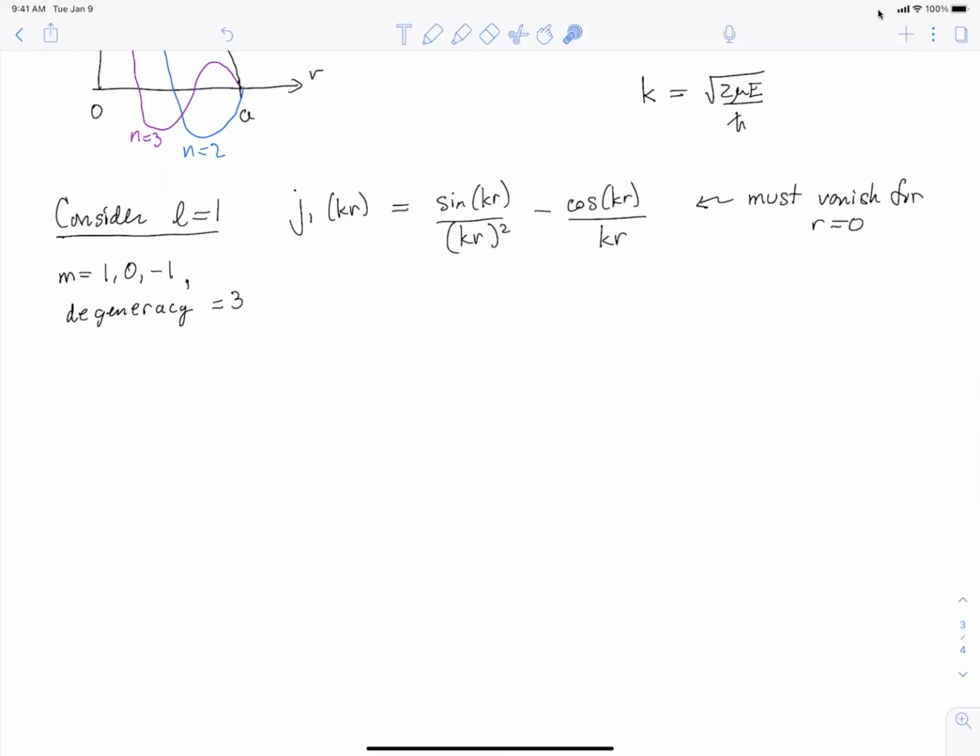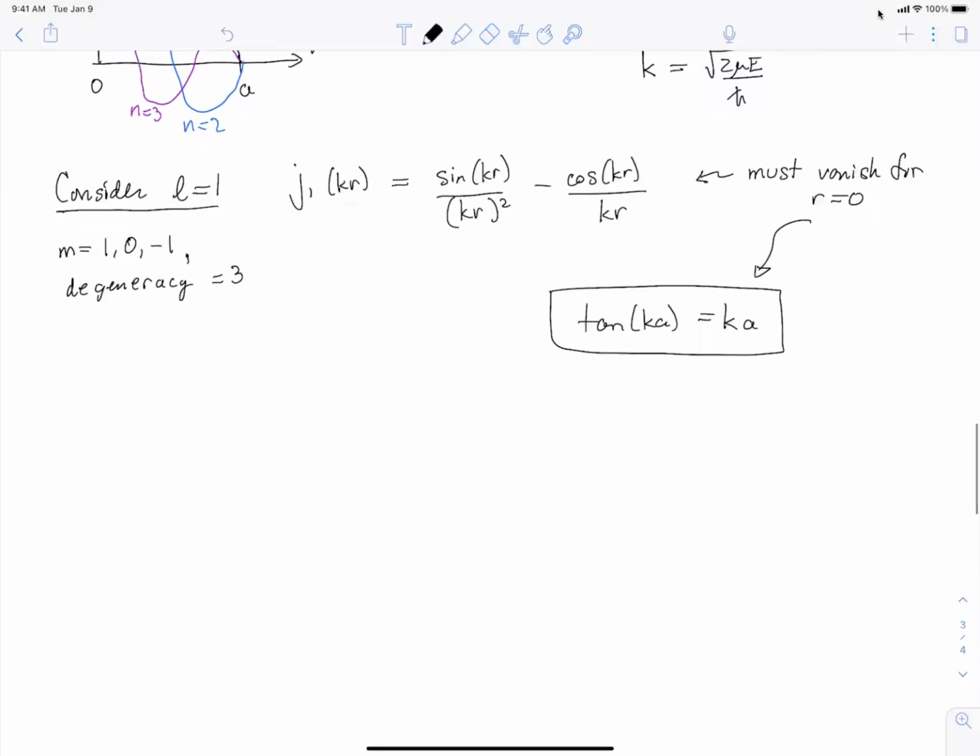And so if you solve that, the solution is going to be tangent of ka has to equal ka. So we have to solve that equation for k in order to know what the allowed solutions are.